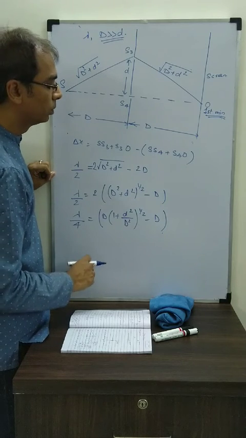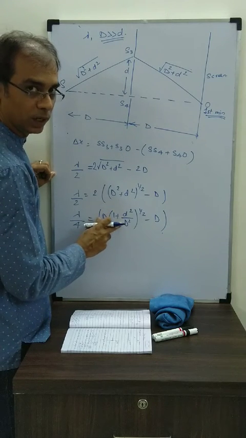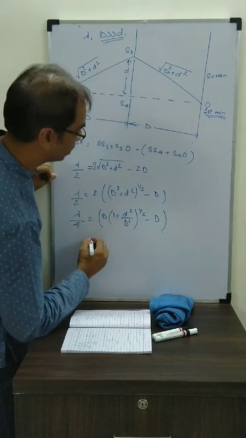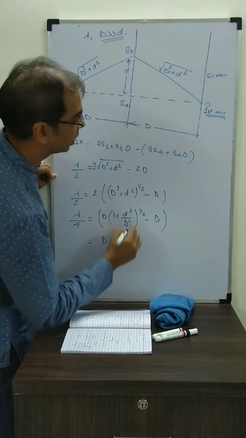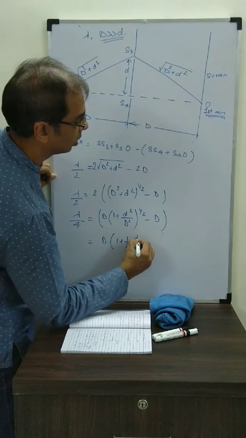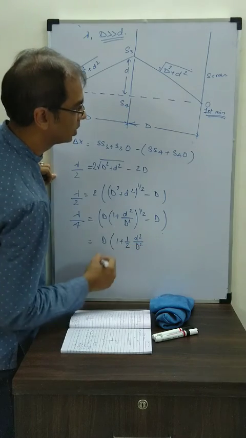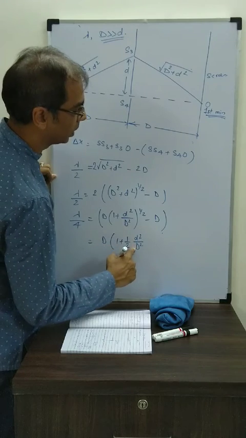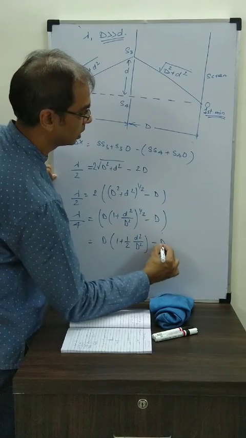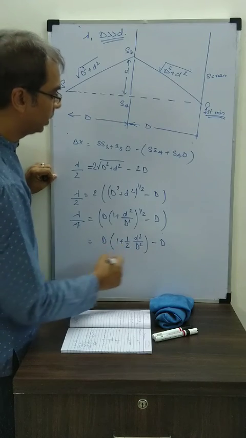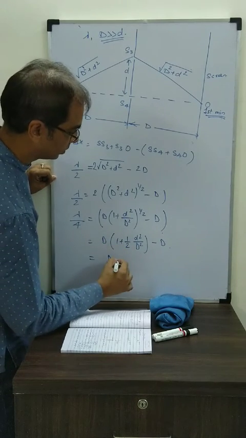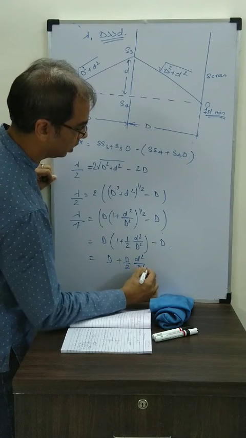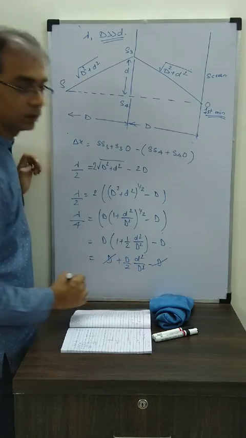Okay, now what you can do? We are already given that this small d is very small as compared to this. So I will be using binomial expansion over here. So in binomial expansion, what we can do? We write 1 plus this half, we write like that, and the remaining terms we ignore. Reason being, this is very small. So 1 plus 1 by 2 d square by D square, and here minus. Okay, so multiply D inside, D plus D by 2 d square by D square minus D. This and this get cancelled.